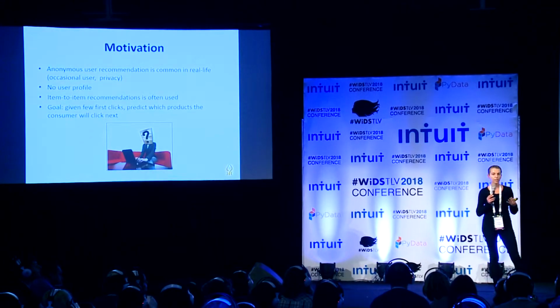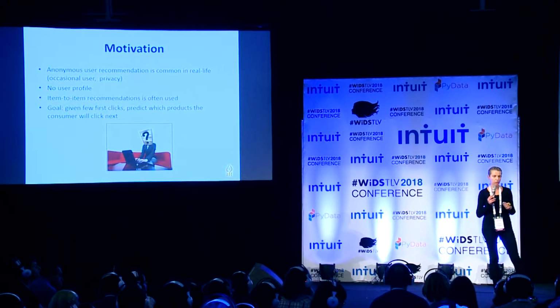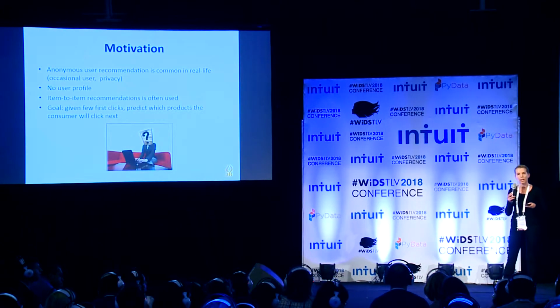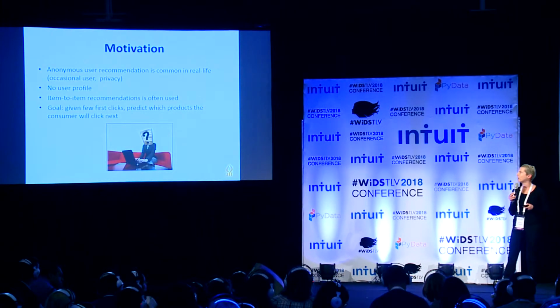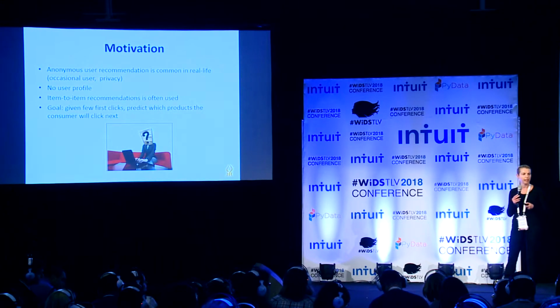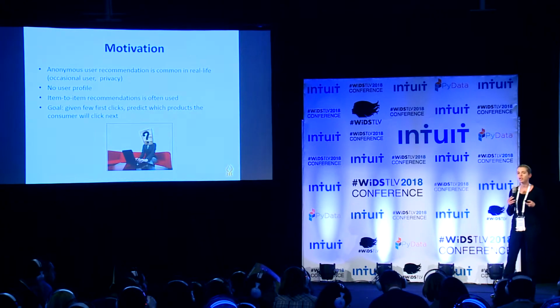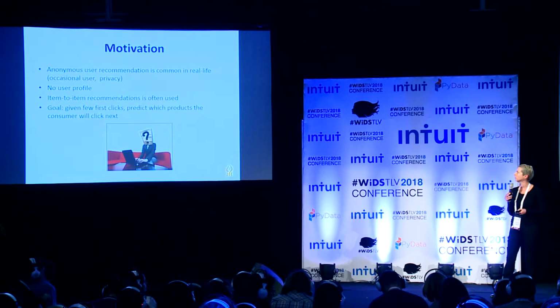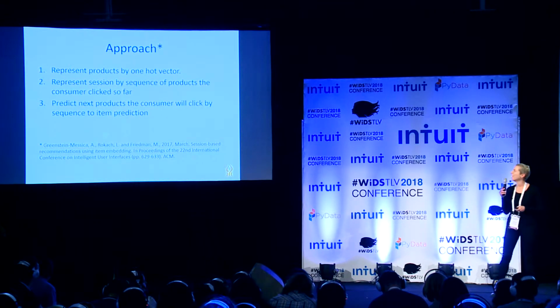So this gives us additional information, and this led us to the idea of using RNN and LSTM in order to predict which product might be interesting for the user.